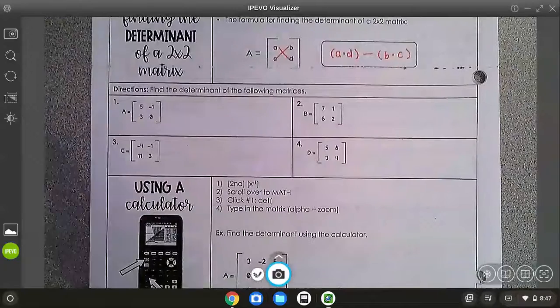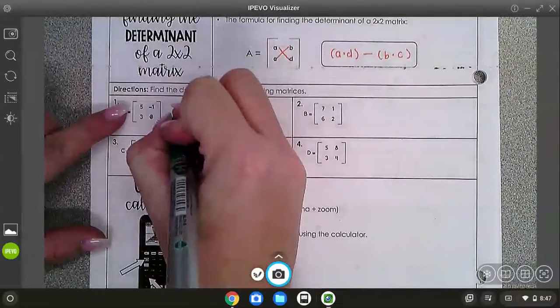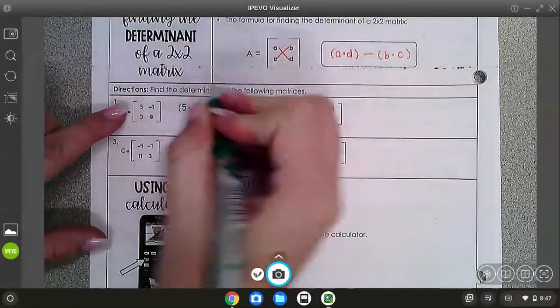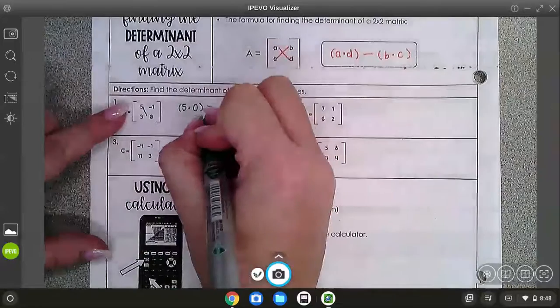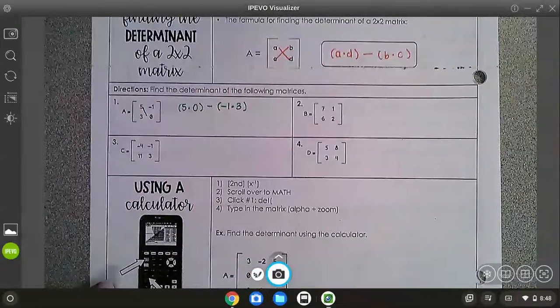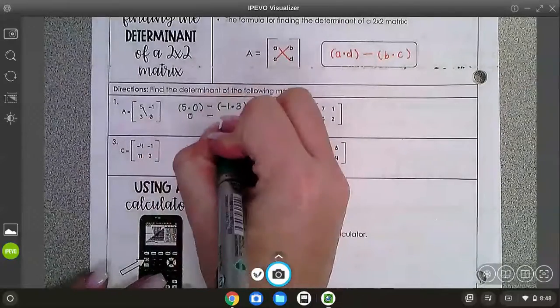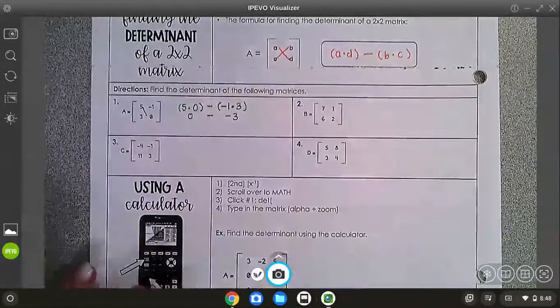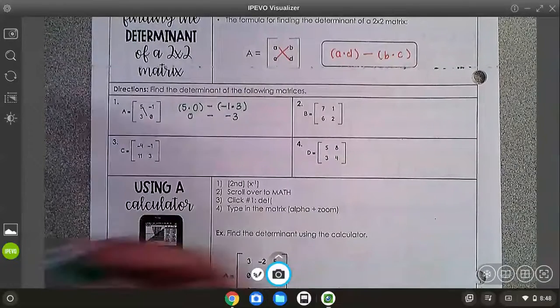So let's do some examples. Number 1, we would do 5 times 0 minus -1 times 3. Which is 0 minus -3. Which is what? Positive 3.